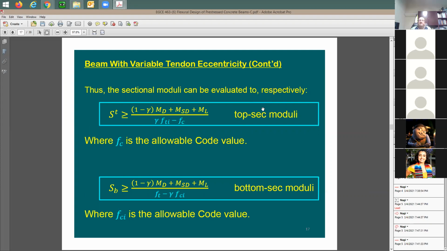But with this tool, with this couple of values, you ensure that you don't need to go through the hassle of picking a beam, and then after that, the beam is not good because you are going beyond the limits for the stresses. With these two simple equations, you can come up with section properties that if you go to a larger size or another section that has higher ST than required and higher SB than required, you're in good shape. Your stress is not going to be a problem. And you ensure here that you can satisfy it.